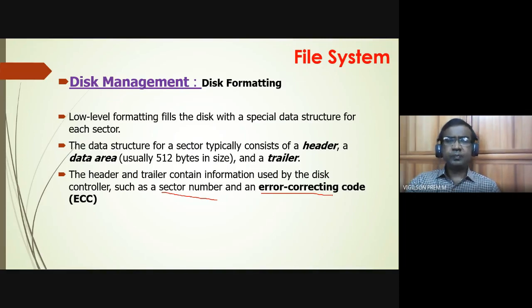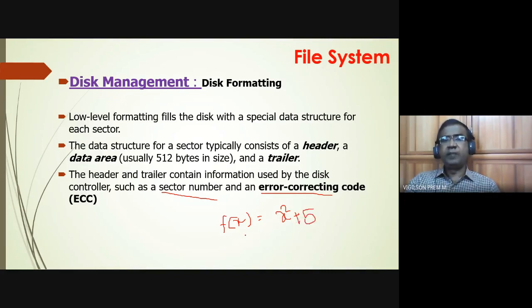So the data part is there, correct? In the data part we will store the data. We will apply some processing on the data. For example, I have one function, f of x equal to x squared plus 5.